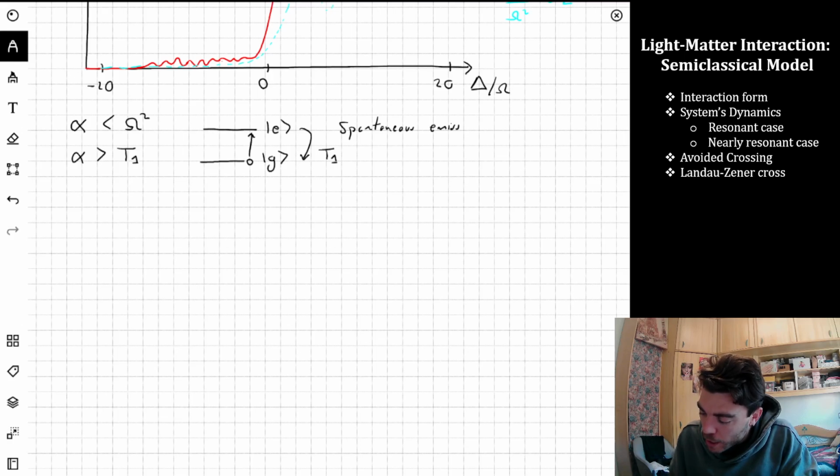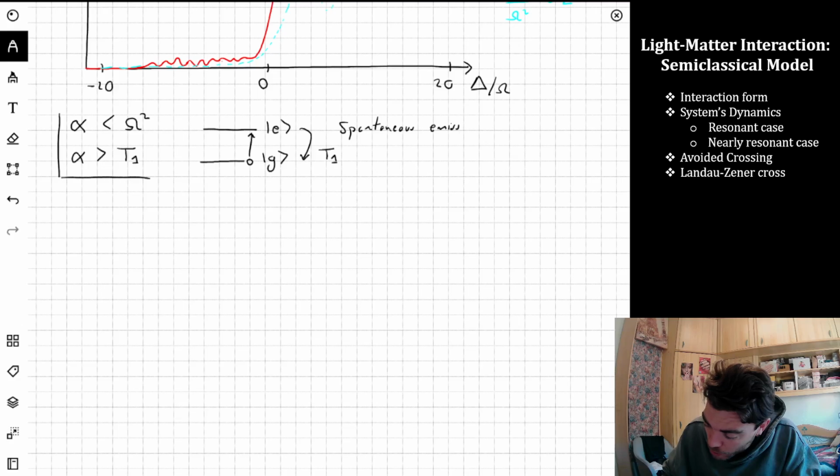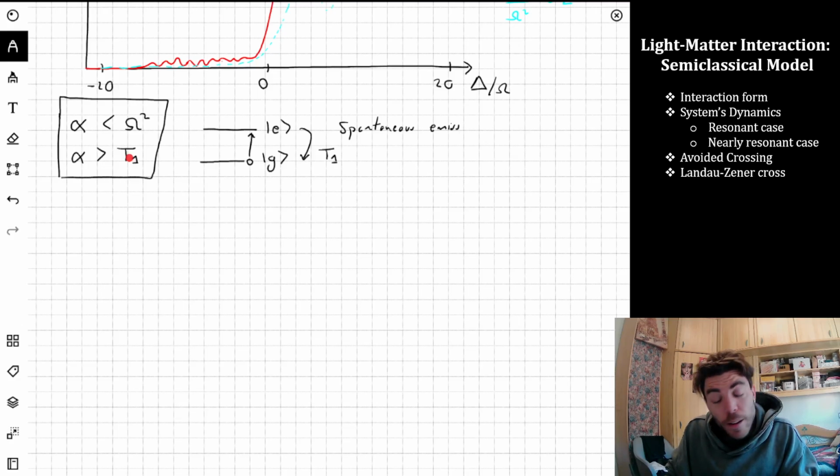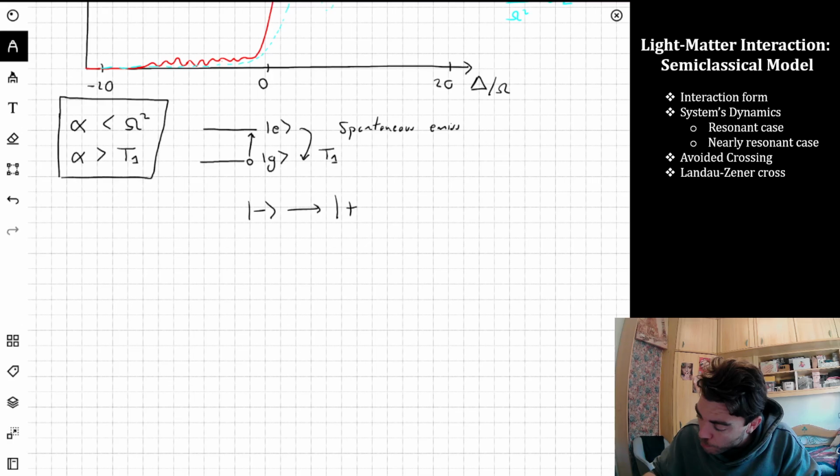And obviously, if you are sweeping the frequency very slowly, if it is too slow, you are giving the atom the time to relax, and so this will never work, because it will relax to the ground state, and then the probability of it being in the excited state is 0. So this Landau-Zener crossing only works under also the condition that you do it sufficiently slow that you don't create tunneling effects through the minus state, so you don't create a big probability of this to occur while you are sweeping the frequency.